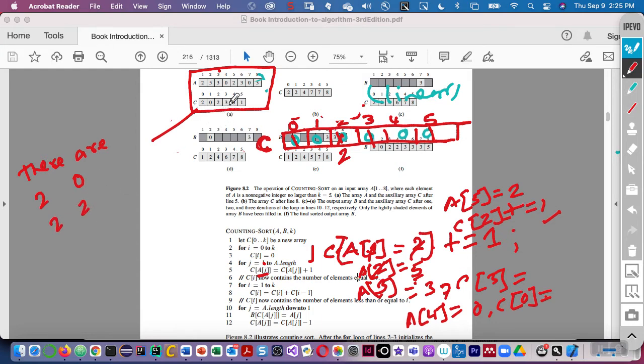And then 3 threes, 3 times. There is no 4. And how many 5s? 5 is 1 time.